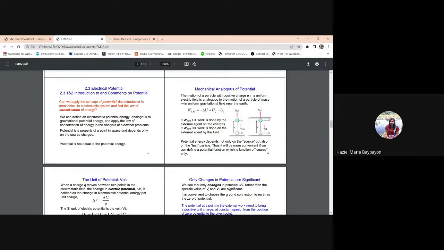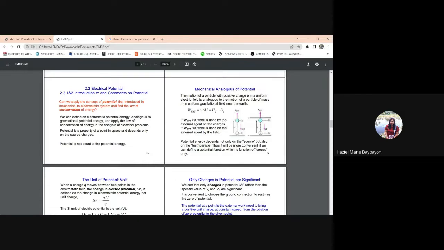Okay, so let us take a look at the analogy. The motion of a particle with positive charge Q in a uniform electric field is analogous to the motion of a particle of mass M in a uniform gravitational field near the Earth. We have learned from mechanics the work-energy theorem.